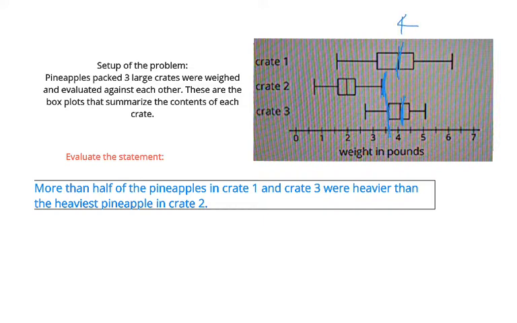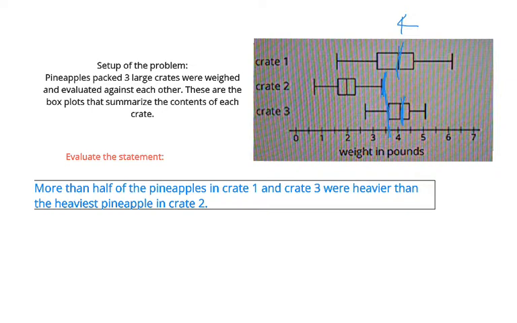This is actually a definitions problem. If you're looking at a median, half of all of the data points are below the median, and half are above the median. So if half of them are above and half below, and you know the median here is 4, then you know that half of the data points in both crate 1 and crate 3 are above 4, which is larger than 3.5.